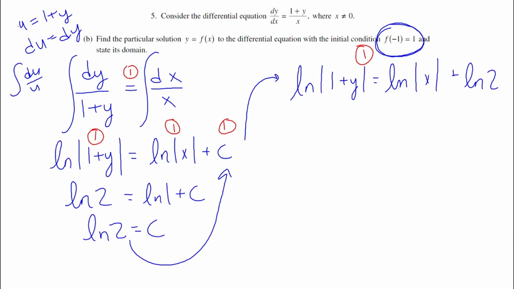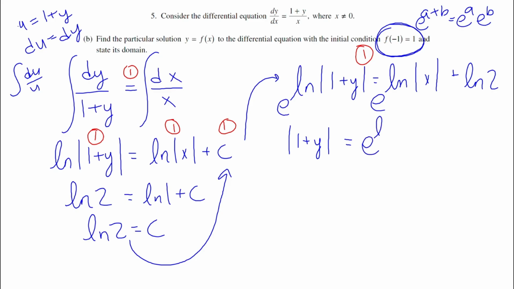And then we just need to solve for y and state the domain. So as we solve for y, we're just going to exponentiate both sides, or we're going to raise as powers of e. And that gives us absolute value 1 plus y is going to be equal to, well, e to the a plus b. Right? We know that e to the a plus b is the same as e to the a times e to the b.